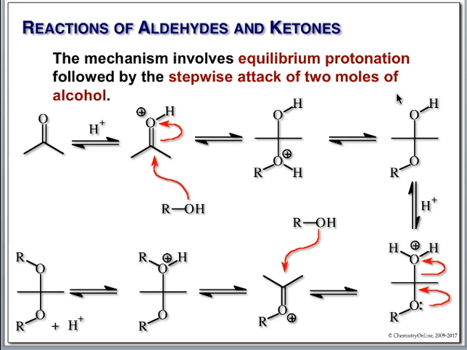All of this is at equilibrium. If we want to push it this way, we have to remove water. If we want to push it this way, we simply add acid and water. Very, very useful reaction synthetically.